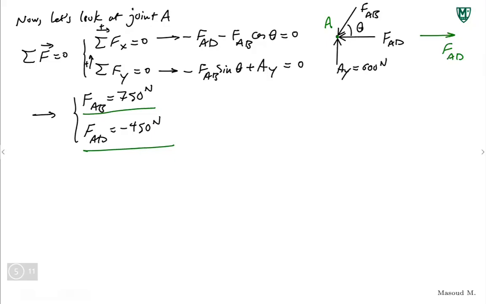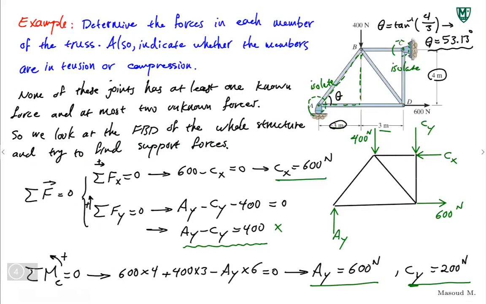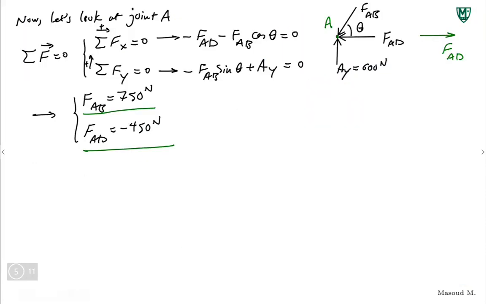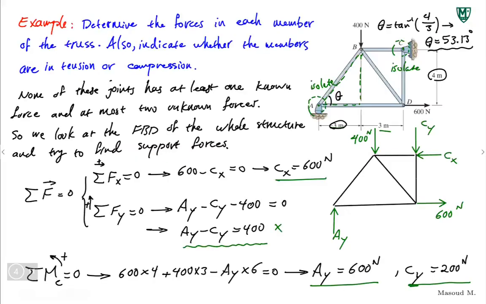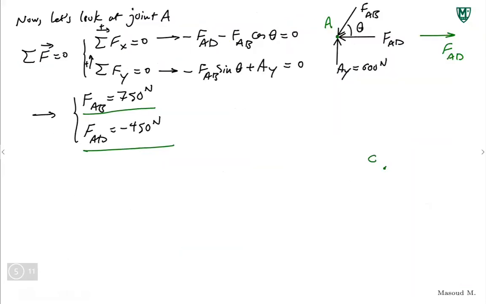All right. Let's look at joint C, which is a joint with 4 forces. This is joint C. Let me put it here. Let's just do the same thing. Cx and Cy, the directions were correct.